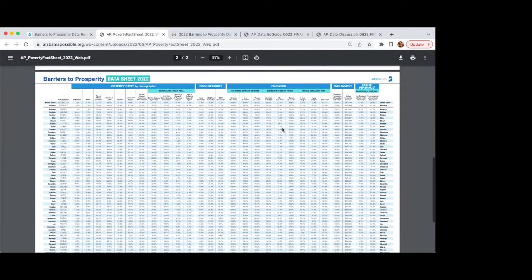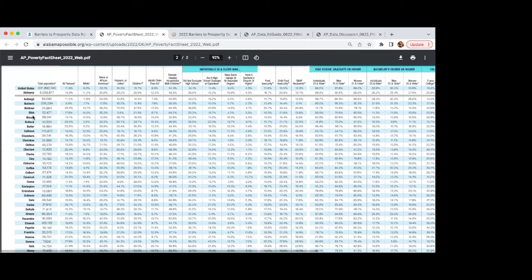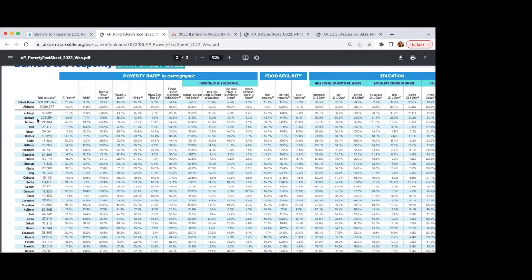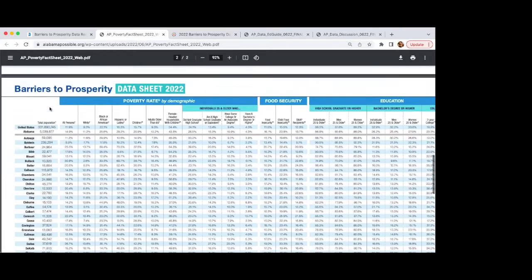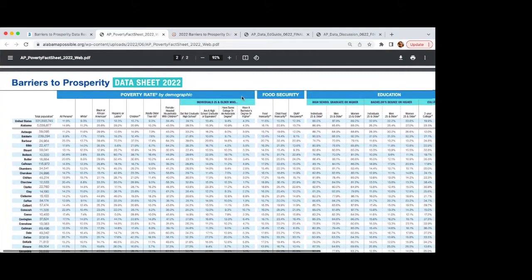Now, if we move on to the second page, we are going to see data for all 67 counties, which you can see on either side, as well as data for the state and the United States as a whole. And the measures that we're presenting on page 2 are broken up into these big categories at the top.